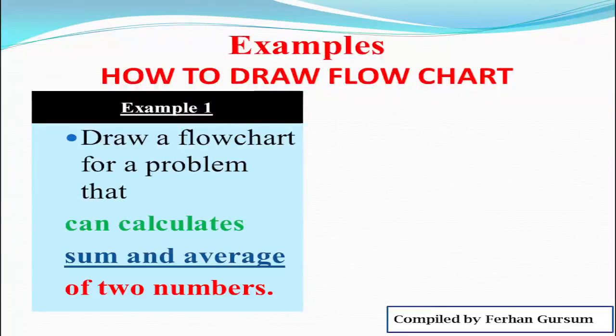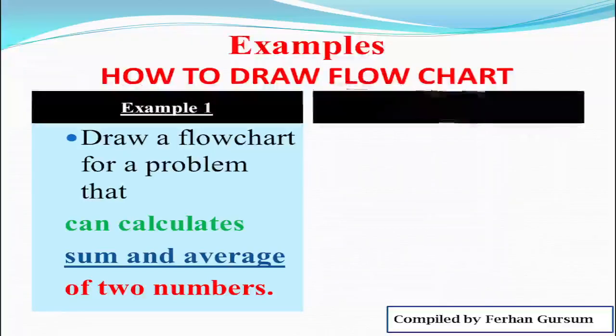Then divide that sum by 2 to get the average, and assign it to average, or to another variable like z. Fourth, display the output, which is the average or sum. Okay, let's see the solution.